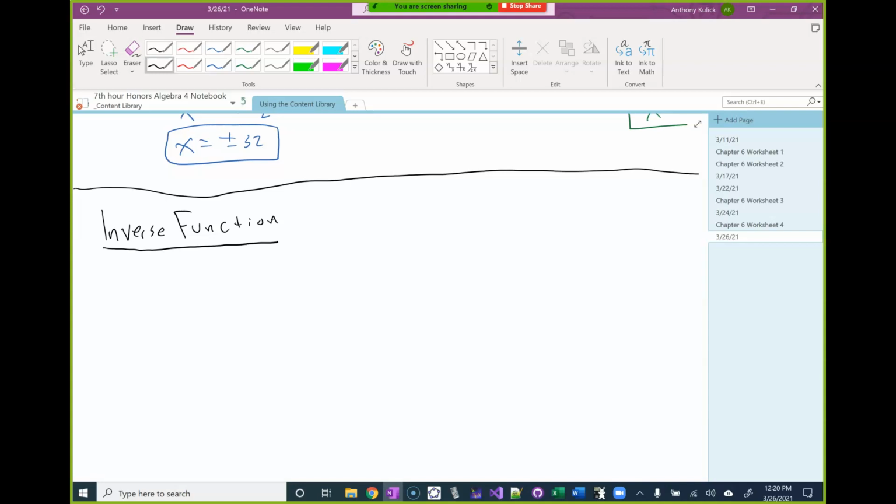If you had Miss Morgan, I'm not sure if she did this in first semester or not. So we'll do it a little bit here also and talk about inverses. This is a natural place to do it since these radical functions are natural inverses to a lot of polynomial functions. So let's just remember what we meant by a function.